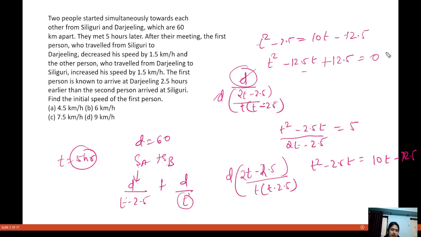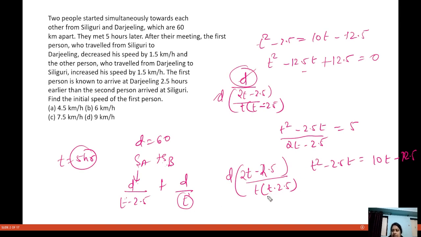Now you can obviously calculate from here. This is one way of doing it. There are other ways also of doing it, but let us stick to this method and find the entire solution.